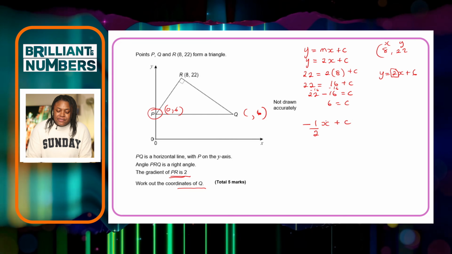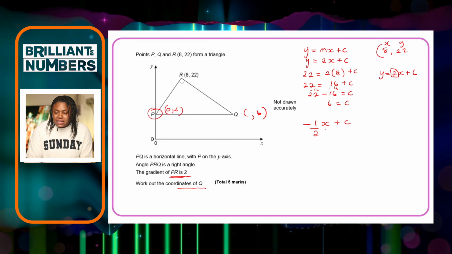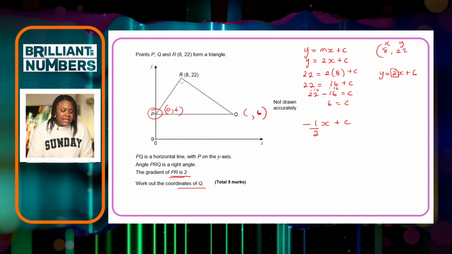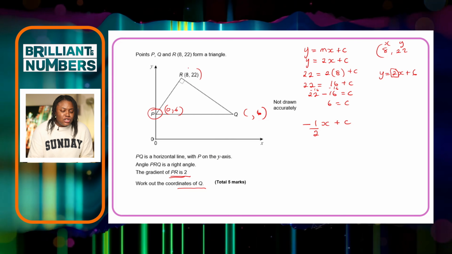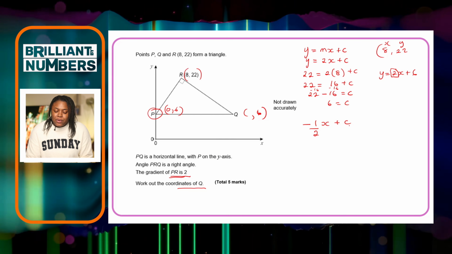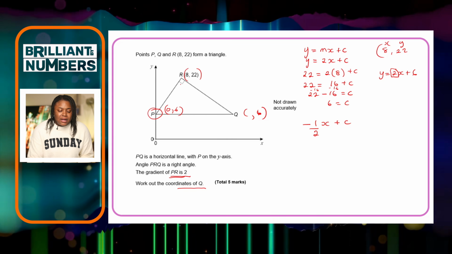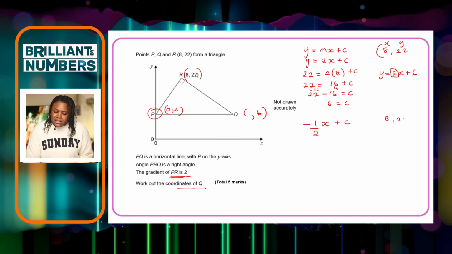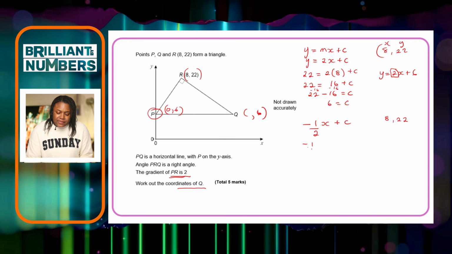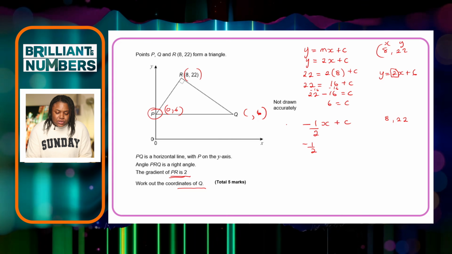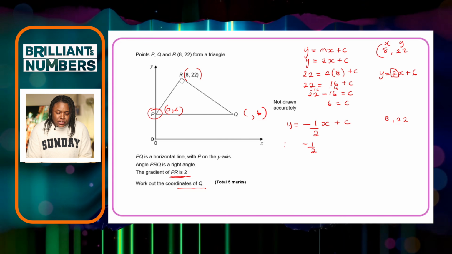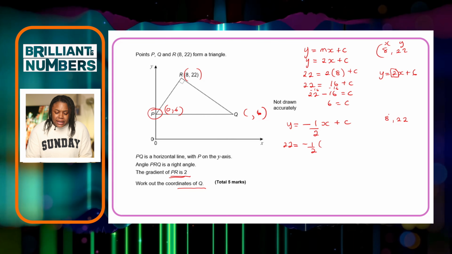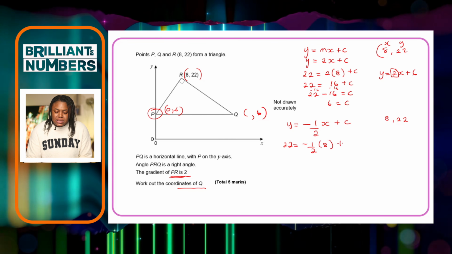Now I need to find the equation of this line here, which I can because I know a point on the line. I can use (8, 22) to get the y-intercept for the line QR. So let's substitute (8, 22) into this: 22 is equal to negative a half times x, which is 8, plus c.